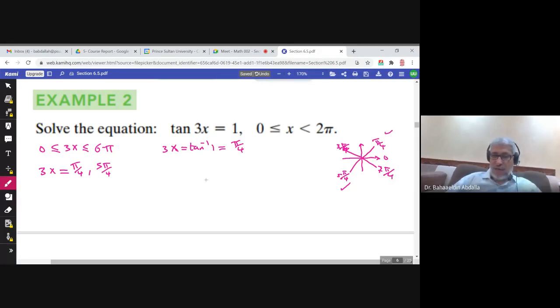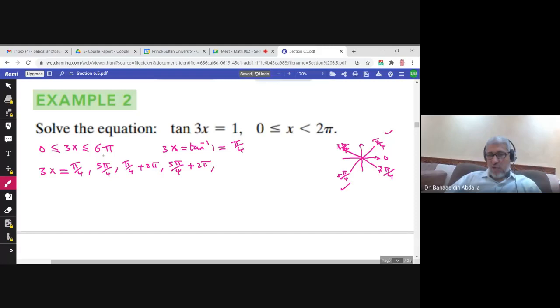You continue another revolution. So to continue another revolution, you just add 2 pi. So pi over 4 plus 2 pi will be also a solution. And 5 pi over 4 plus 2 pi would be also a solution. These two solutions are in the second revolution.